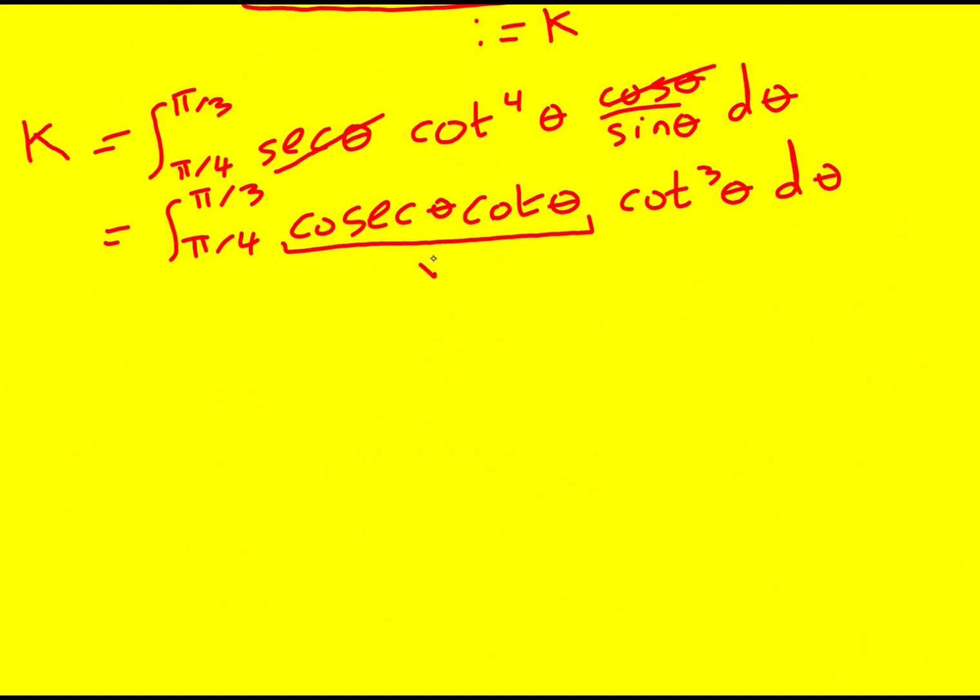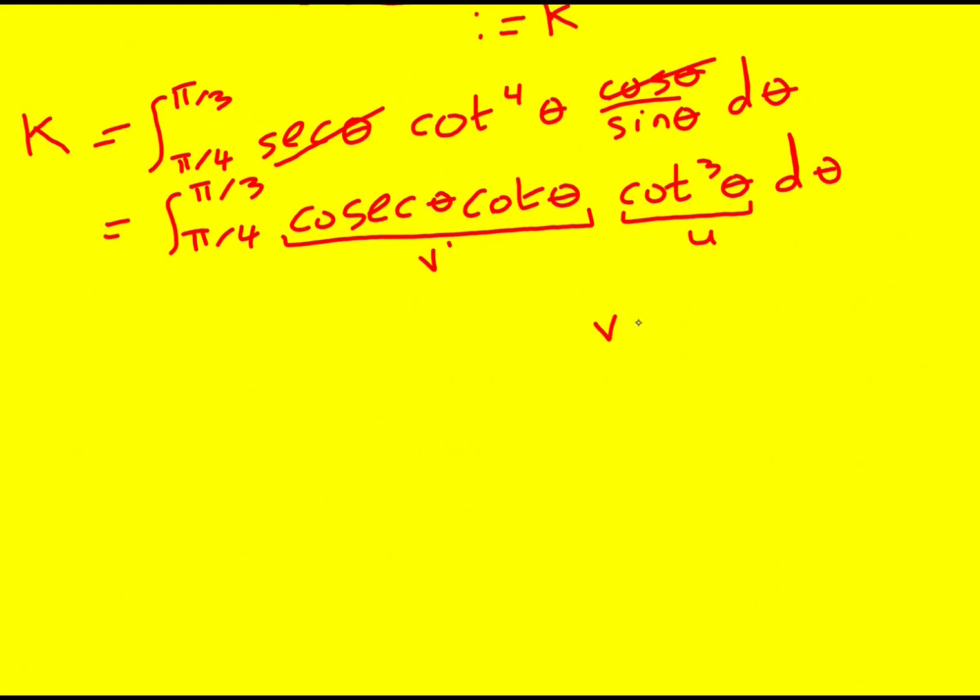So this is going to be v dash, and this is going to be u. So v is going to be the integral of cosec theta cot theta. Well, cosec differentiates to minus cosec cot, so I'll just put minus here. And then u dash, I can use a chain rule. So 3 cot squared theta, and I times by the derivative of cot, which is minus cosec squared. So I'll put minus here.